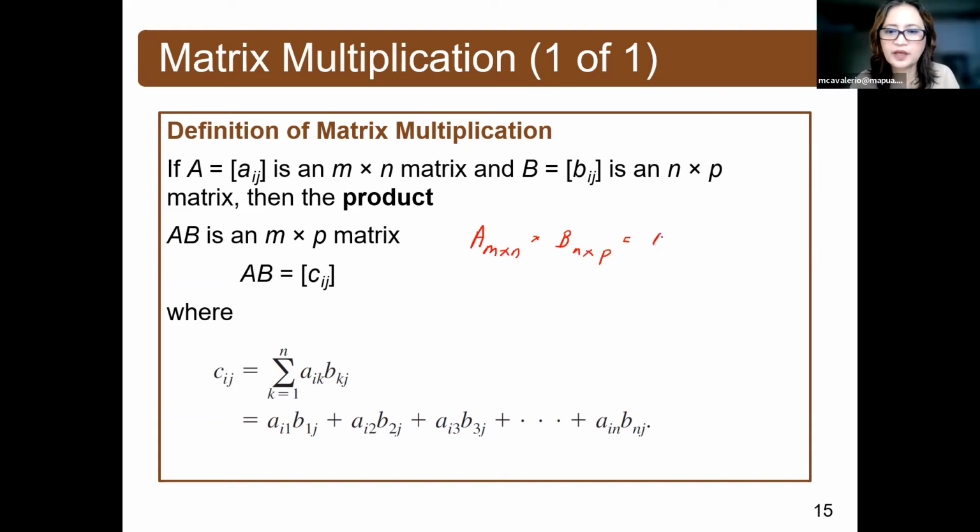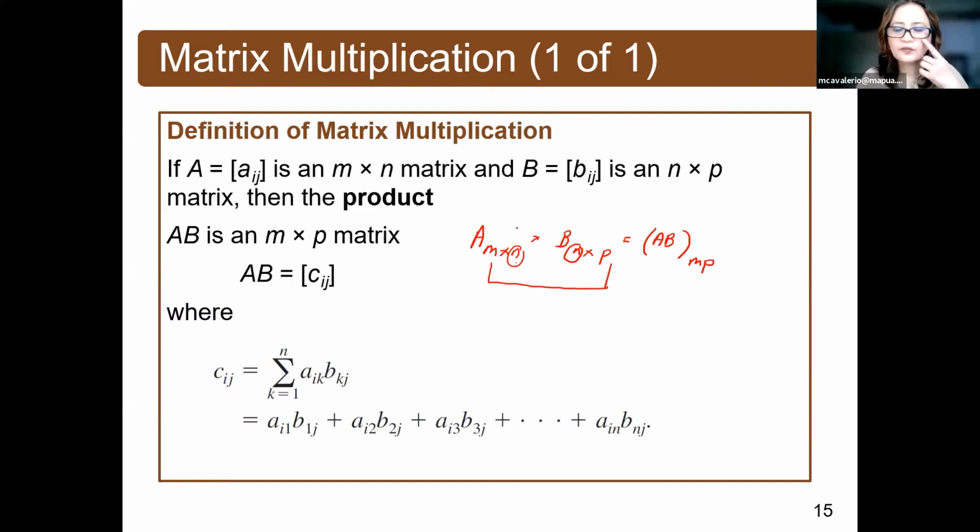We can expect that the product AB is defined whenever the number of columns of the first matrix is the same as the number of rows of the second matrix. So we have here the same number, okay? So that the resulting matrix will have a size that is equivalent to m by p.